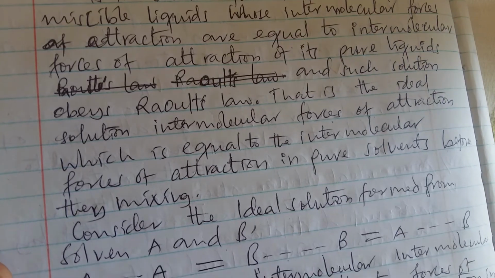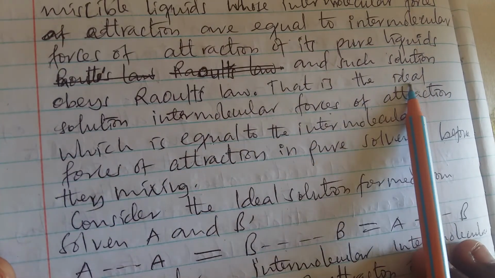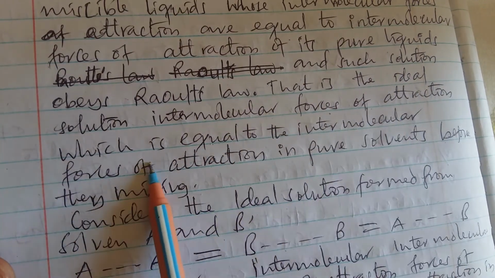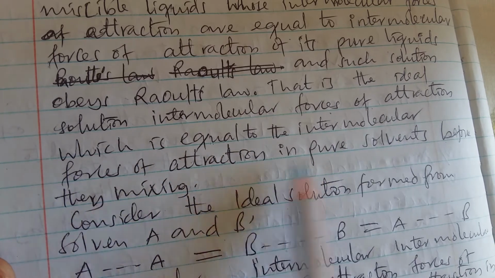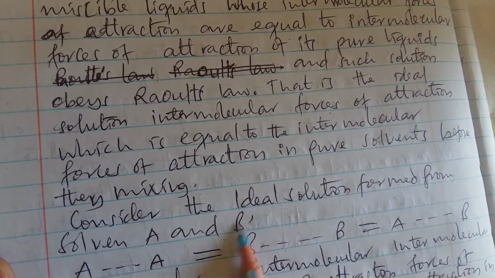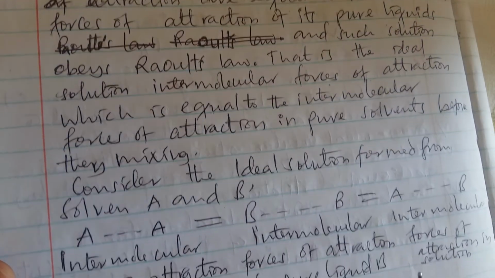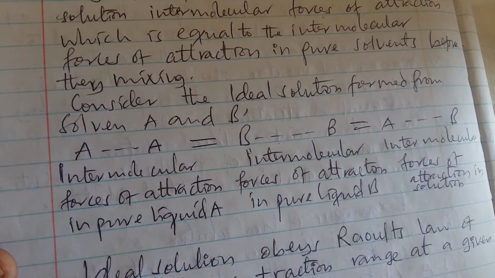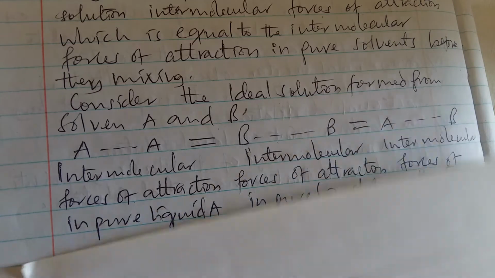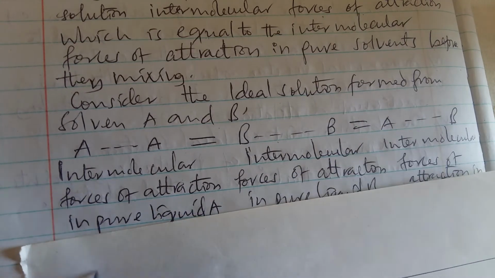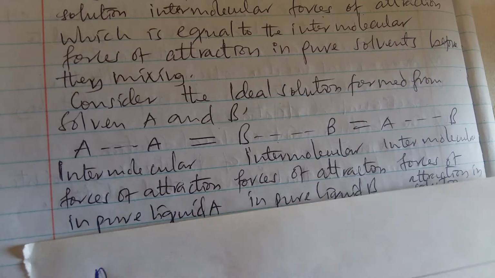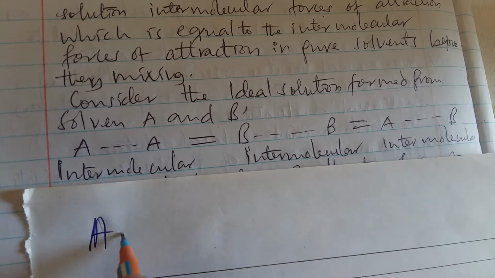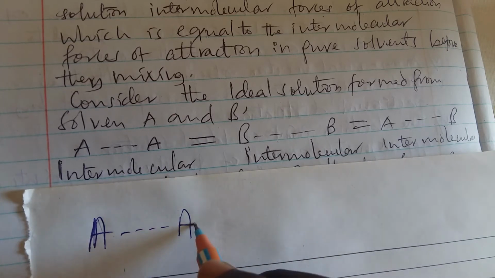What is the Raoult's law? To discuss mbele. Now, that is the ideal solution, intermolecular force of attraction which is equal to the intermolecular force of attraction in pure solvent before they mix. Kwa hiyo kwenye demonstration tunaweza kuandika katika sura ambayo tukasema A ilifanya bond na A mwenzake.